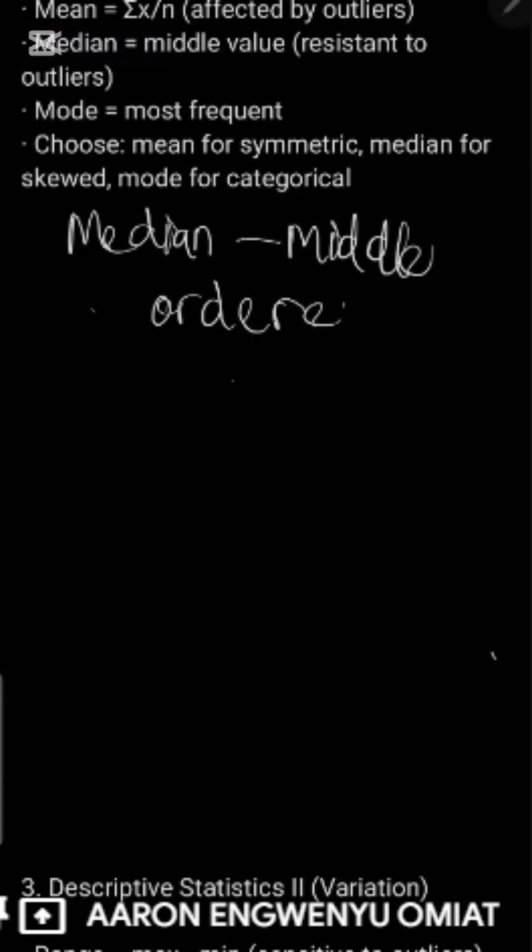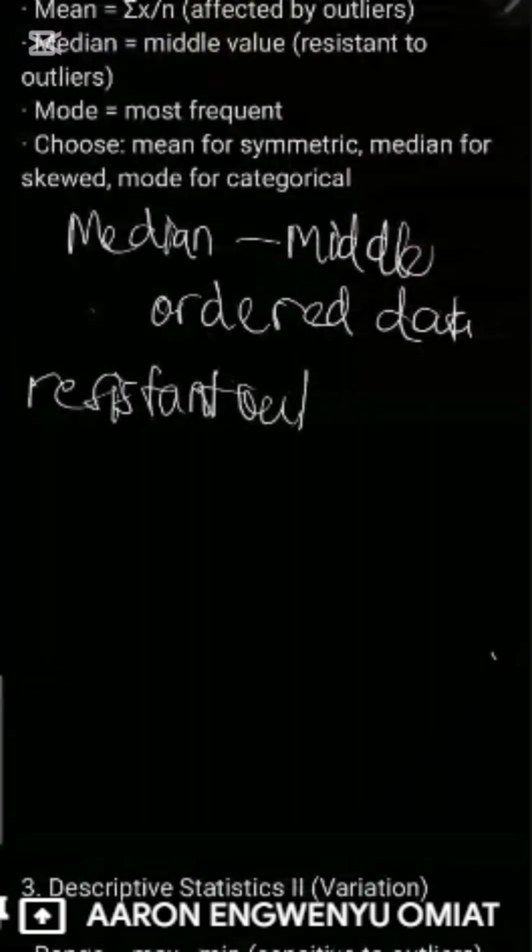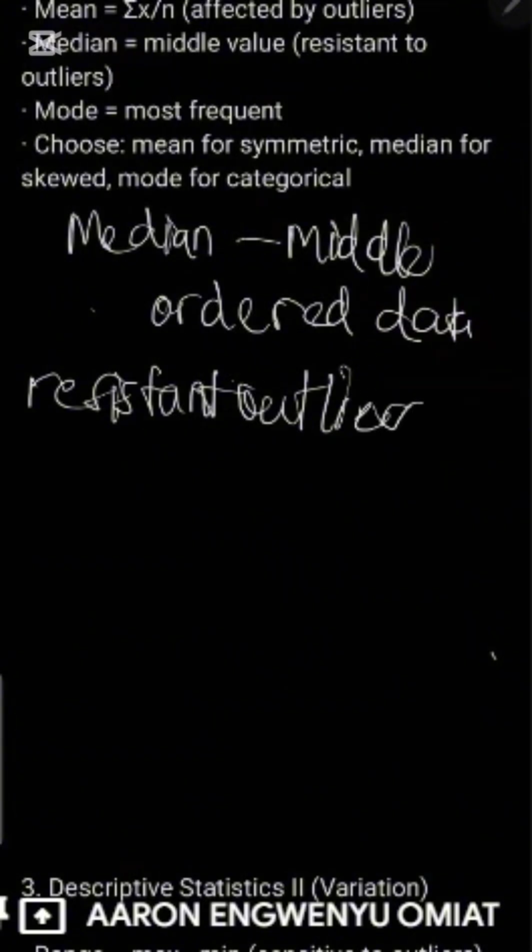Remember, if you're to find the median, the data has to be ordered. In a situation where a significant number of outliers exist, mean may not provide a good representation, so we choose median as it's resistant to outliers. Remember, an outlier is data that varies so much from what we expect from the norm. That is an outlier.